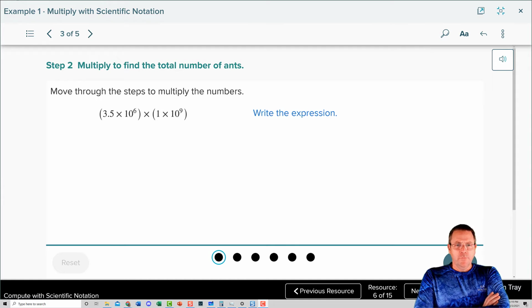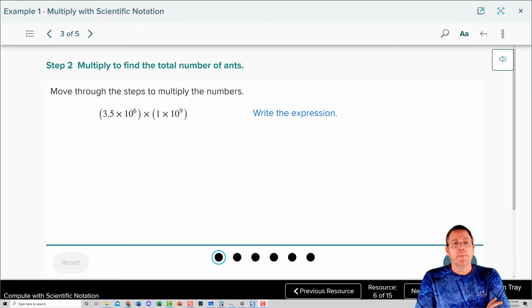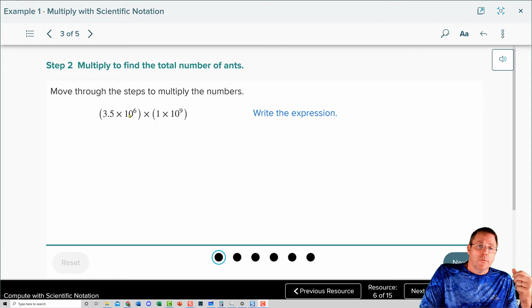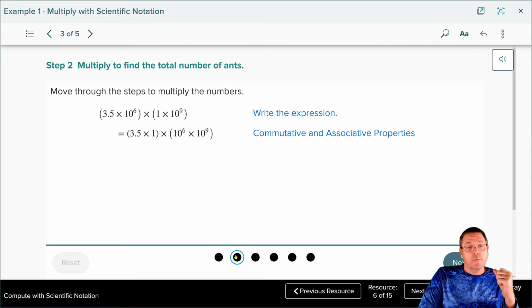Next, we're going to move through the following steps to multiply two numbers that are written in scientific notation. Now, it looks pretty intimidating, but it really isn't, because the commutative property of multiplication says order doesn't matter when multiplying, and the associative property of multiplication says grouping doesn't matter when multiplying. So for the number of ants per acre times the number of acres, we can rearrange that.